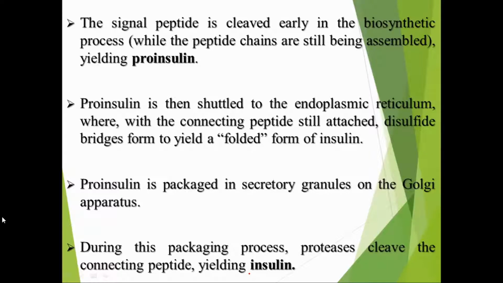So basically, when you say the synthesis of insulin, what happened? From pre-proinsulin, proinsulin was yielded, and then from proinsulin, through these processes, taken to the endoplasmic reticulum and packaged in secretory granules on the Golgi apparatus, finally the insulin is yielded.